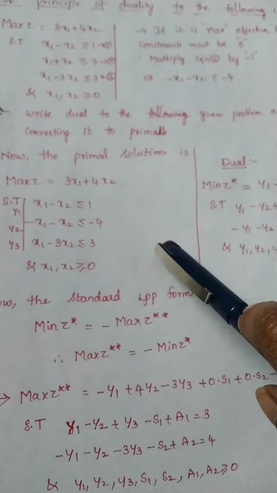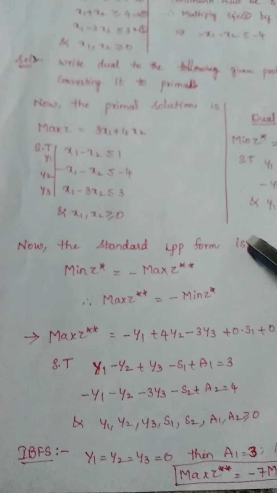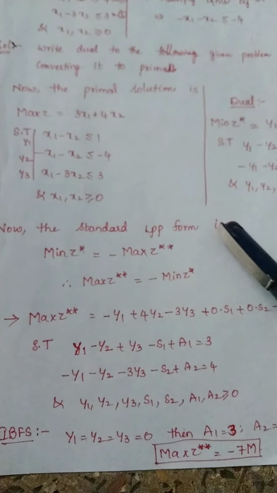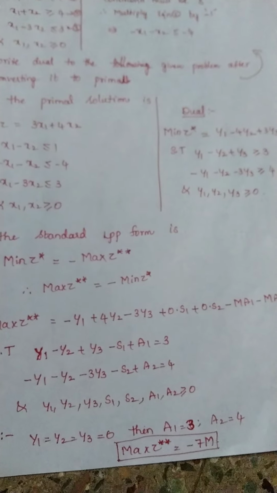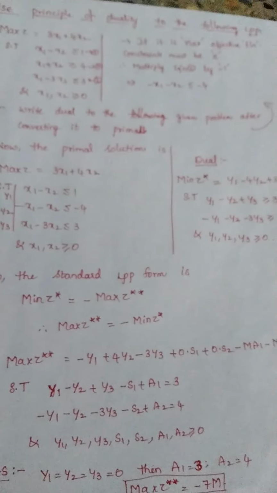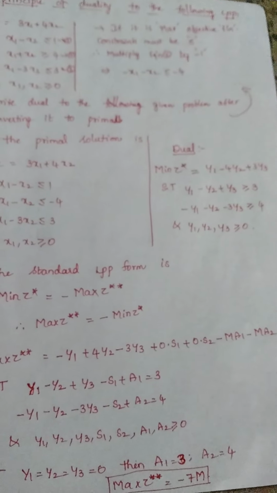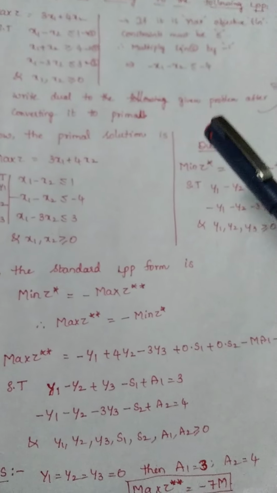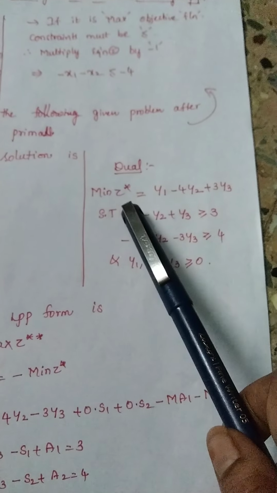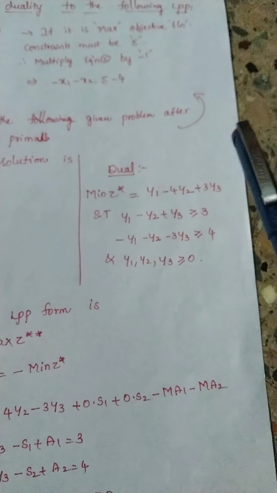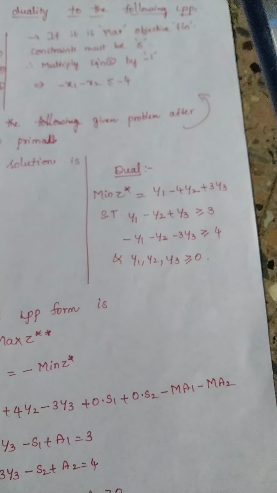Now we have to write the standard LPP form. What is the standard LPP form? As you already know, if the objective function is of minimization in the simplex method, we change it to maximum. So here you have minimum z star. That's why it will be changed to maximum z double star.